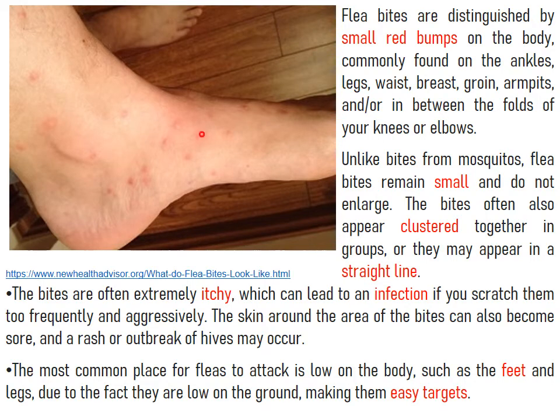These vesicles remain small and they appear either in a cluster or in a straight line. The surrounding area of this rash can be very itchy. As a result of severe scratching, there can be secondary bacterial infection on the site.